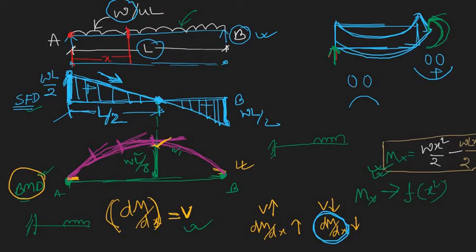Okay, so first let me clear this canvas. So let's start. Very first we have a cantilever beam like this. Let's say this is the cantilever beam AB, and it has a total length of, let's say, L. Now the loading is something like this.